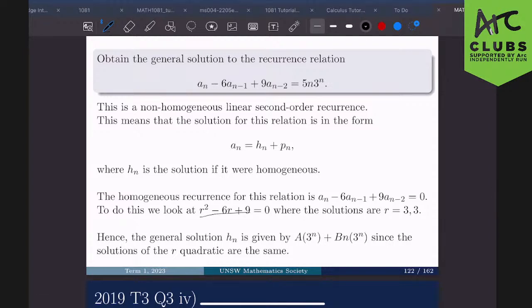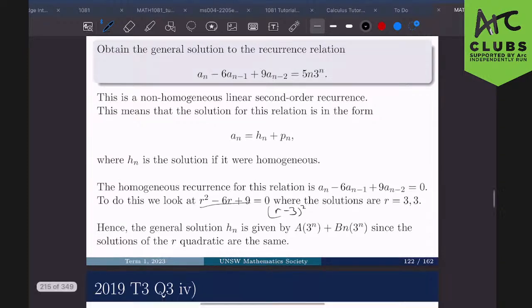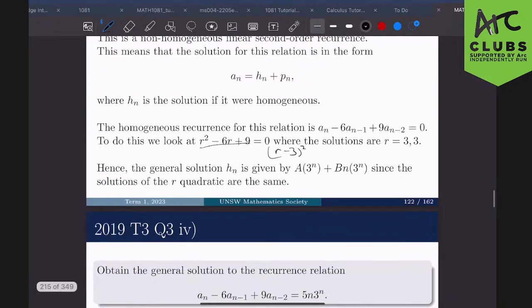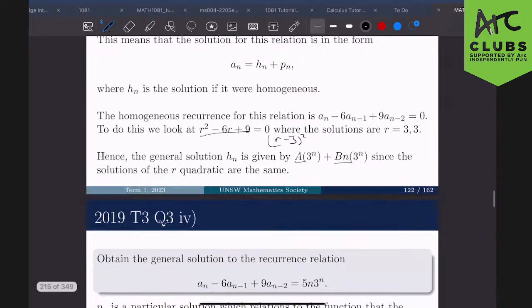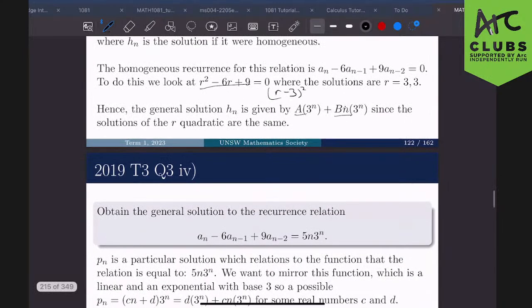We find that it's a repeated root, which is not nice. Makes things a bit harder, because now this means that our general solution will be in this form, with the notable thing being that it's multiplied by n here.